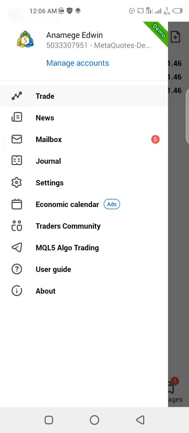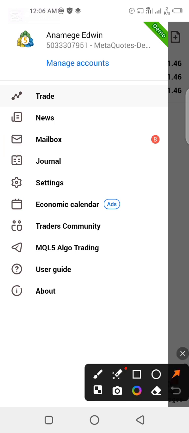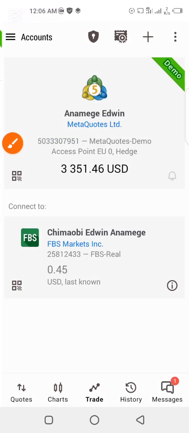So here, once you click on this account management, you can add as many brokers as you wish. Clicking on this account management is where you add the brokers you want to add, as many of them. This is your account.